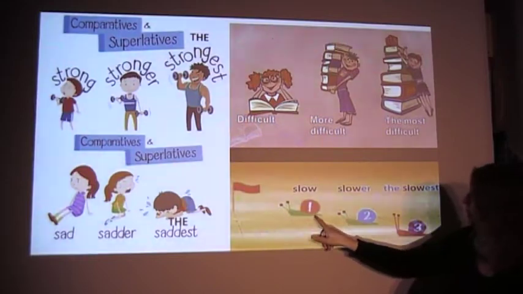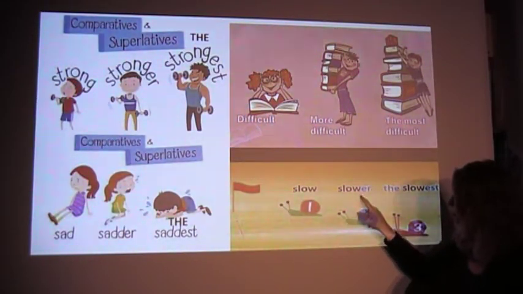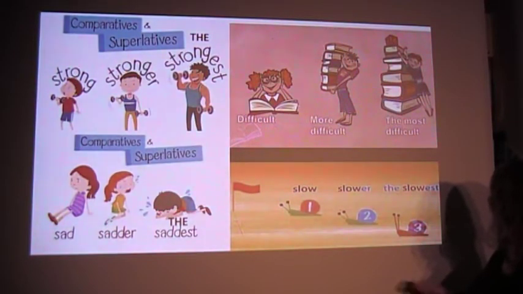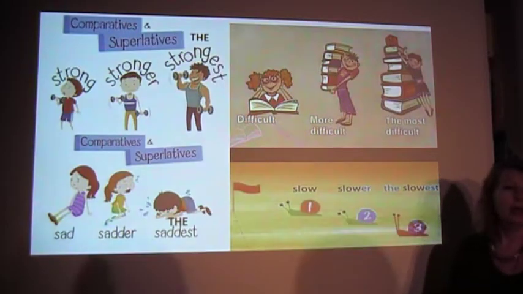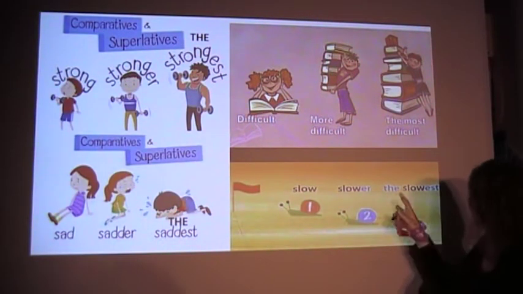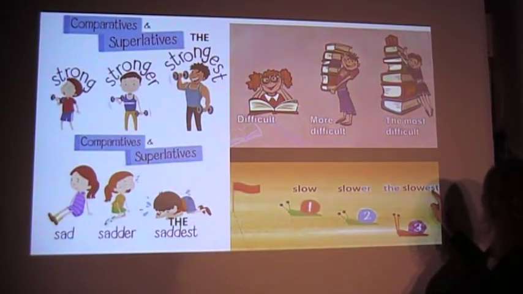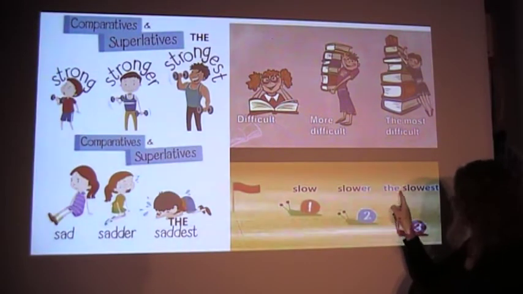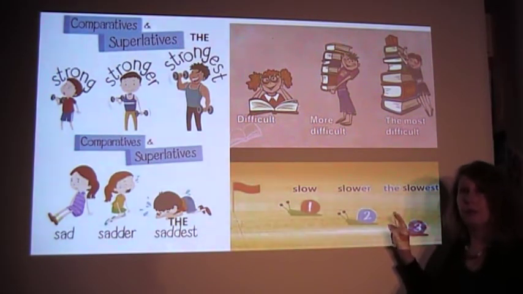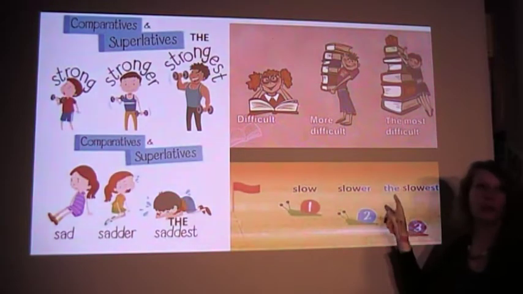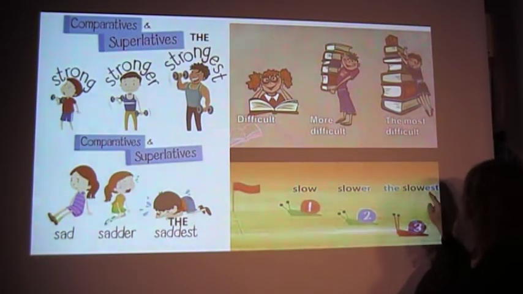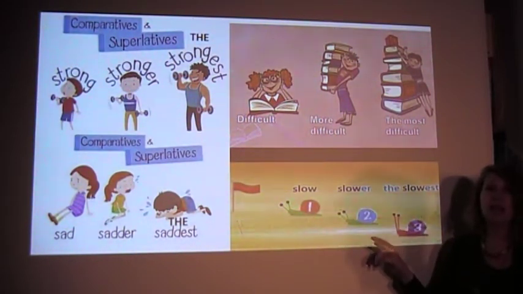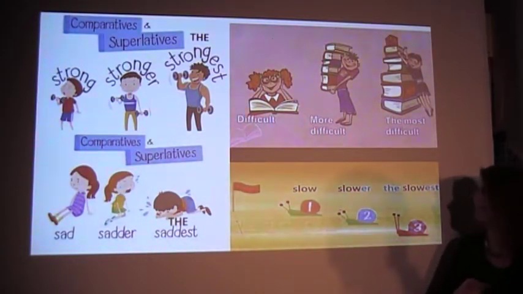Now, here we have slow, slower, and the slowest. Remember, the superlative starts with t because you can't forget the article the, and it ends with st. So it starts with t and ends with t.